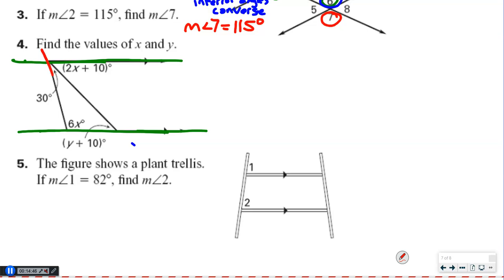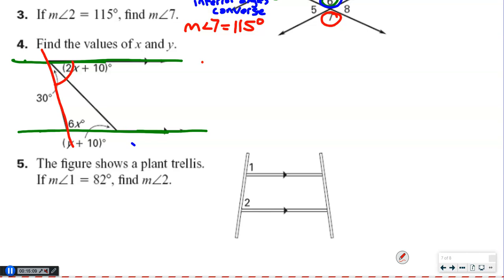And look at the other transversal. Now we can see that 6x would be consecutive interior with both of those angles together. So 30 plus 2x plus 10 is a consecutive interior angle with 6x, and those would be supplementary.